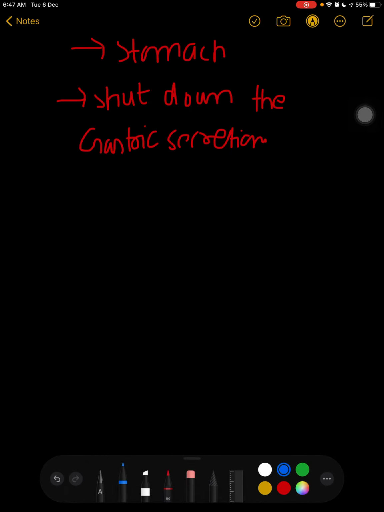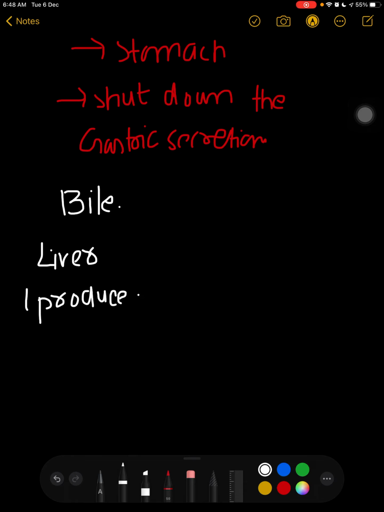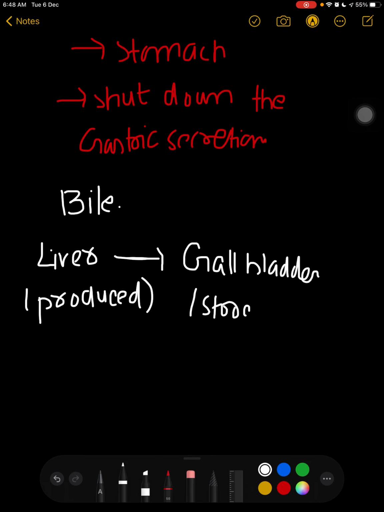Okay, from where is the bile actually released? Bile is produced in the liver, but on a temporary basis it is stored in the gallbladder.